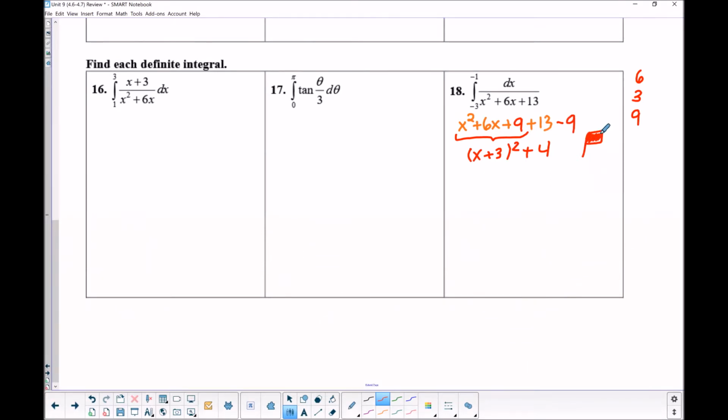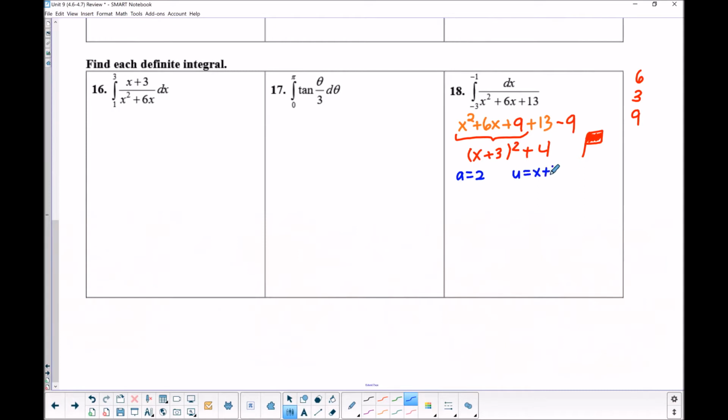Because you don't have an inverse trig form that looks like a squared minus u squared, right? Arctan has to have the plus. So that's probably a good indicator that a mistake may have been made. So what else to do with this problem? Well, we can go ahead and identify that a is 2, u is x plus 3.